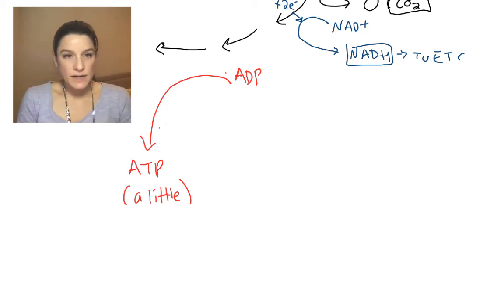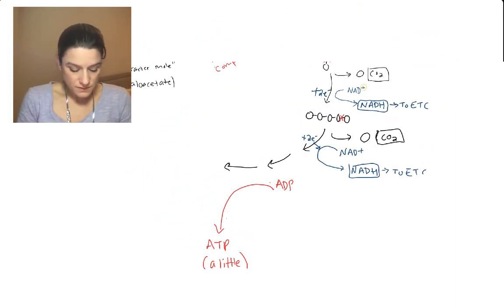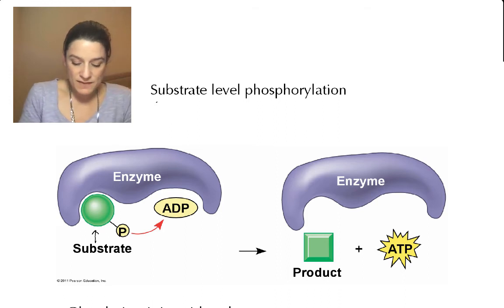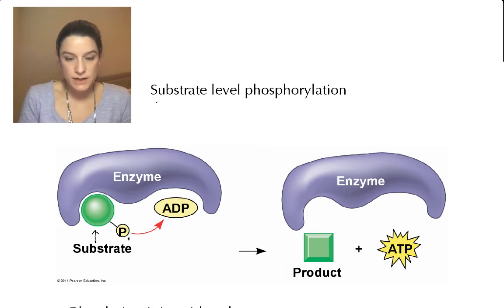This is the same as what happens in glycolysis. So to remind you here, or if you're looking at this the first time, substrate level phosphorylation, basically you have the substrate, which is a molecule which is going to be bound by the enzyme, and there's your phosphate attached to that substrate, and then you have ADP as your second substrate, really, because it's bound to the enzyme.